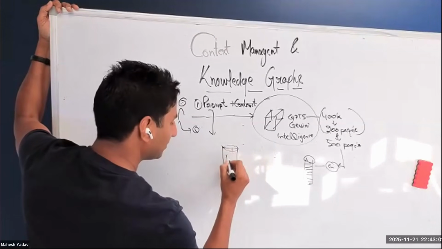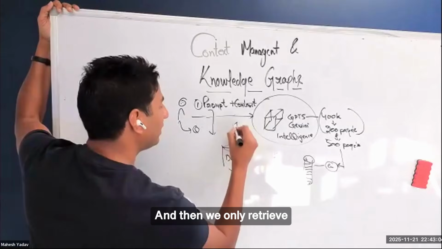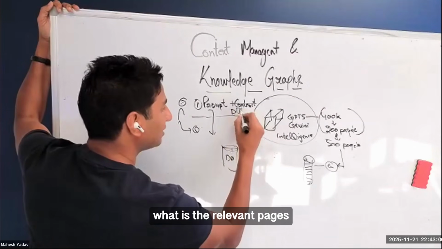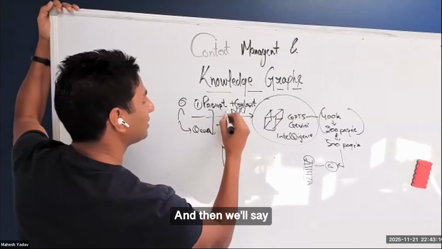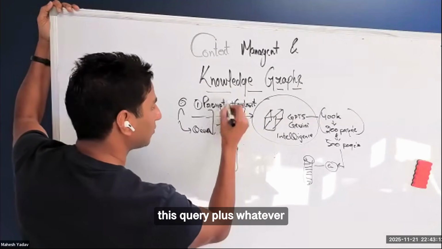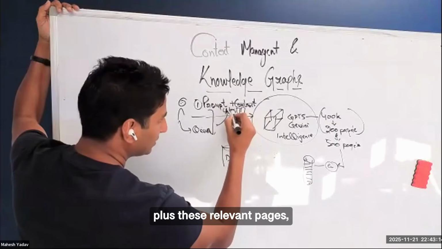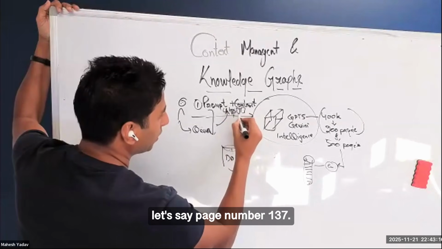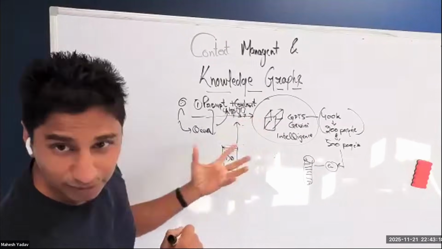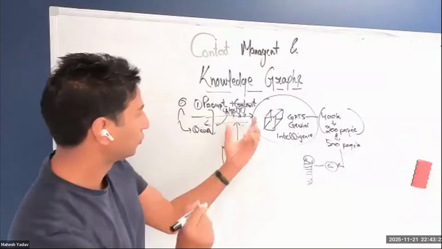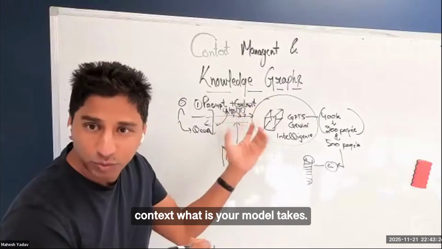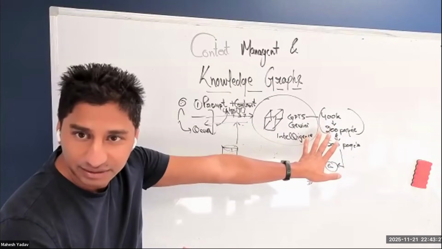And then we only retrieve the relevant pages in the contract to answer that query. Then we take this query plus whatever prompt you have, plus these relevant pages, let's say page number 137, and you send it and you get responses. So you fill only the context that your model can take.